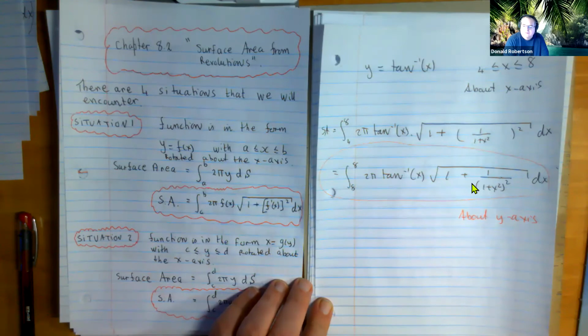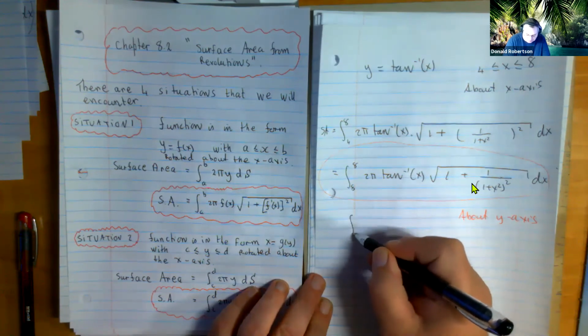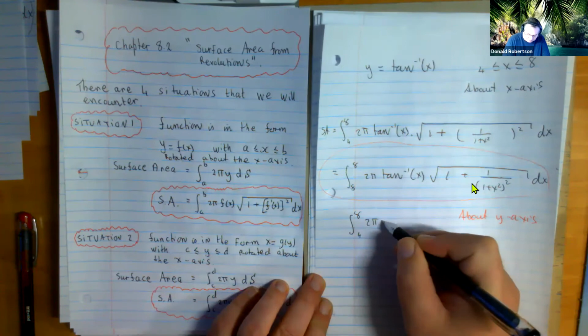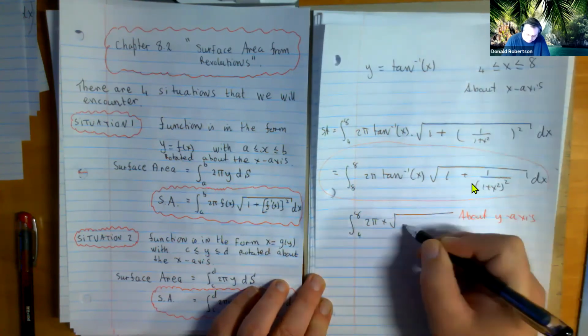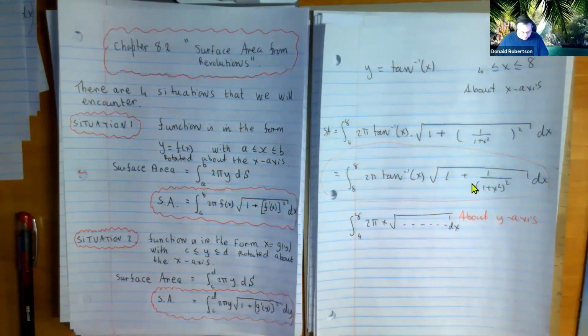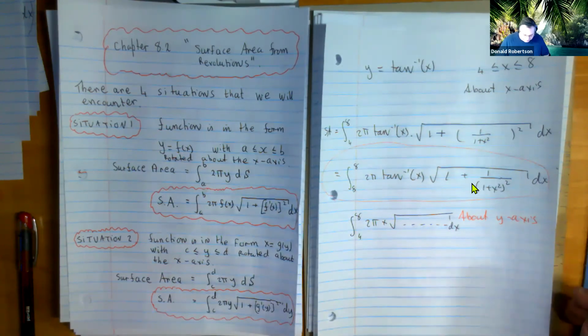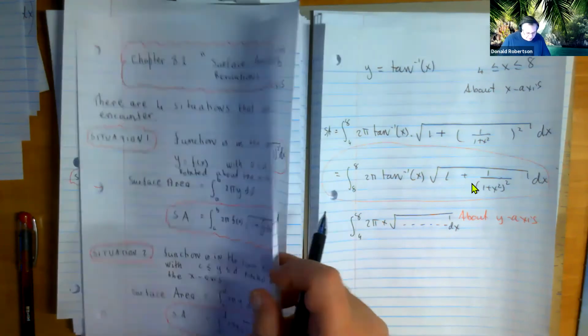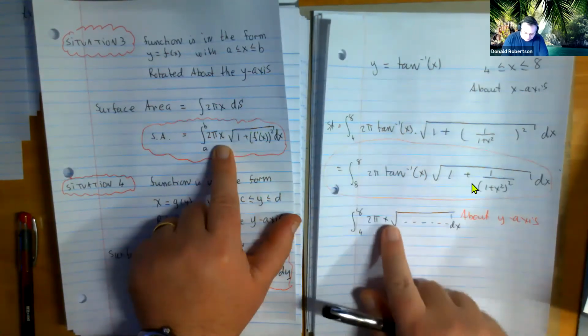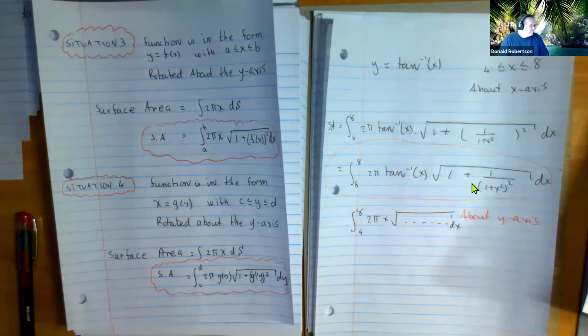Is that what you're thinking? Well, this is a little bit easier. Can I just use formula number 3, which basically says replace that with an x. So it's a little bit quicker.